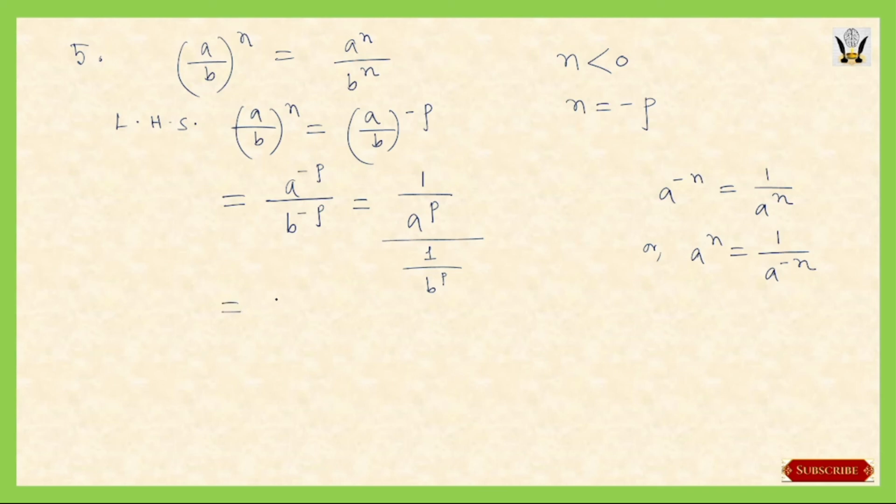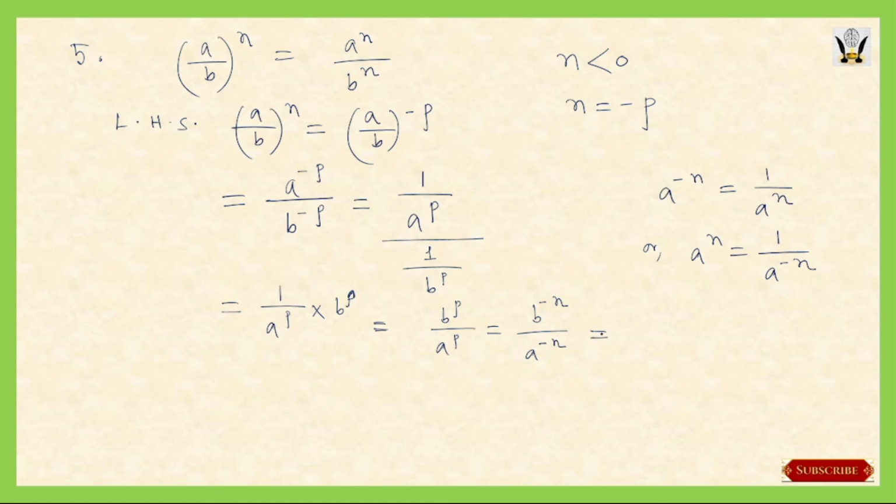So further it can be written as 1 divided by a to the power p multiplied by b to the power p. So it is b to the power p divided by a to the power p. Now b to the power p and a to the power p: if we replace p by minus n, because n is minus p, so p will be equal to minus n.